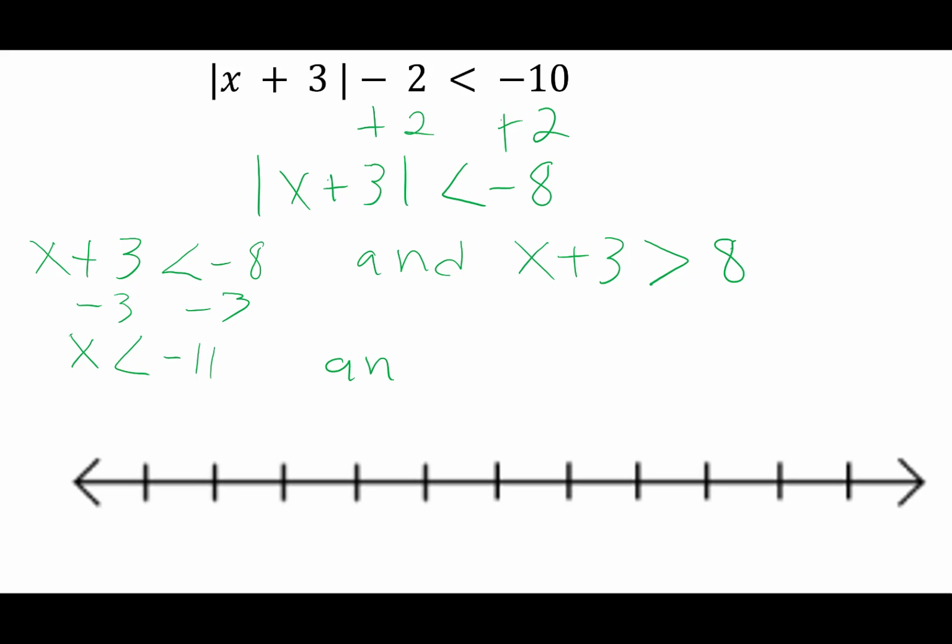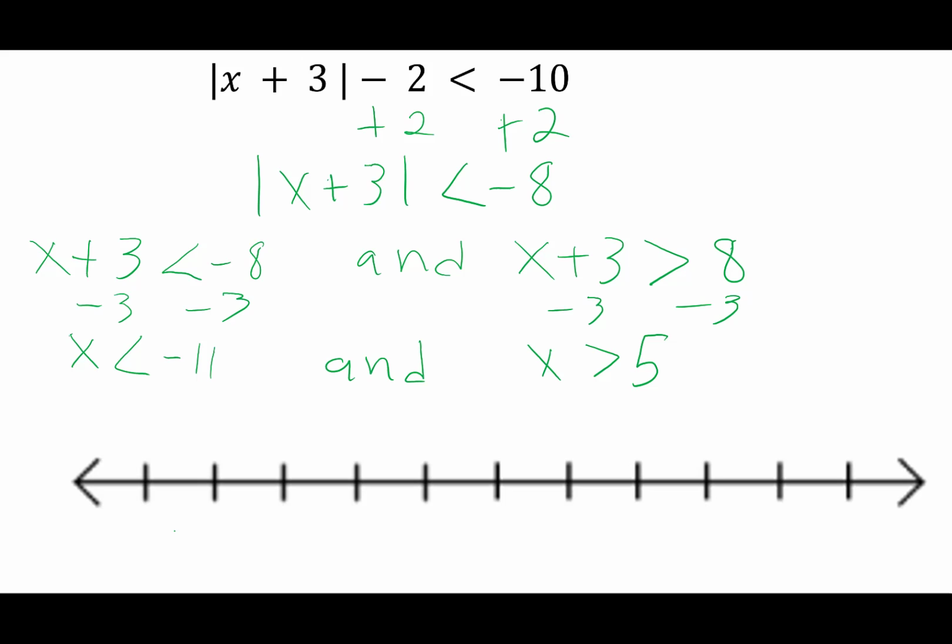And, okay, minus 3 over here. X is greater than 5. So we get x is less than a negative 11 and x is greater than 5. So this is an and, so both have to be true.